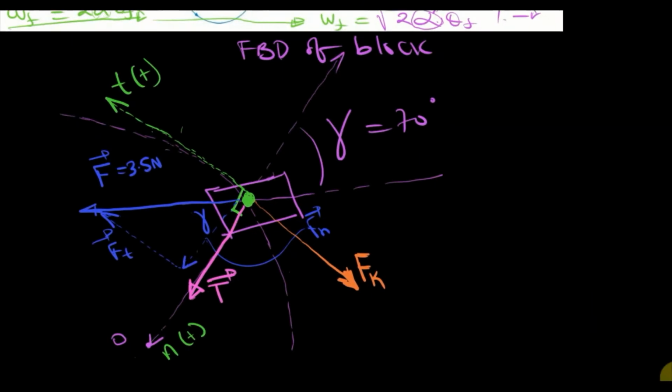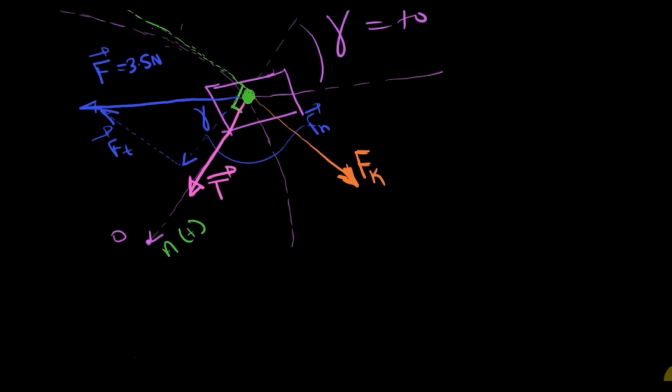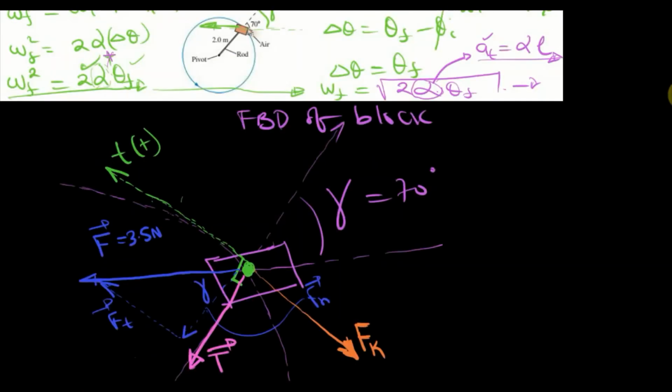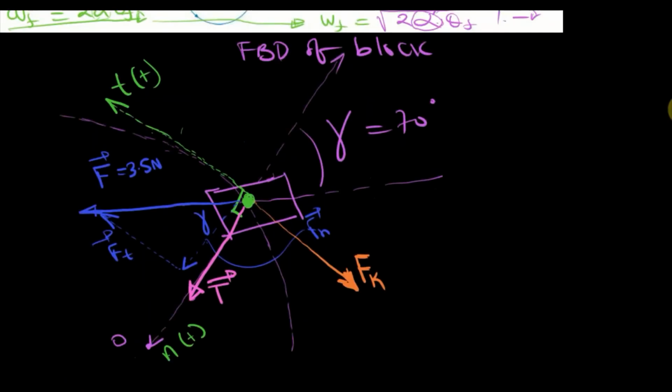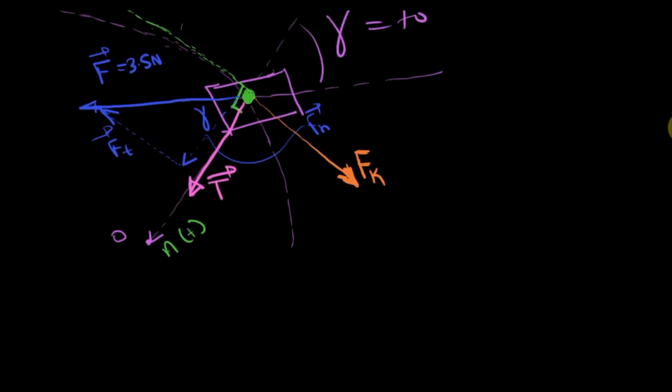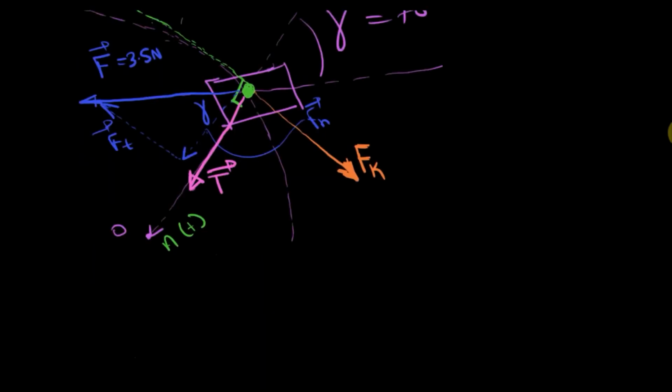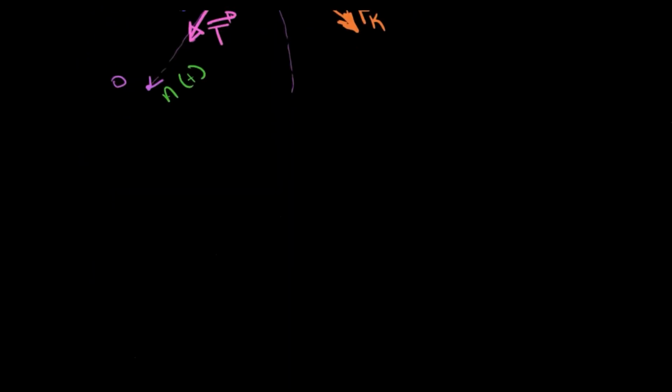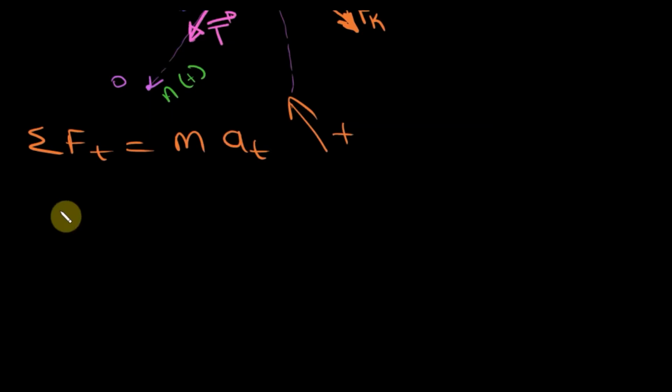From this diagram, we can use Newton's second law and take summation of forces in the n direction and also in the tangential direction. Summation of forces in the tangential direction is equal to mass times acceleration in the tangential direction. That direction is positive.